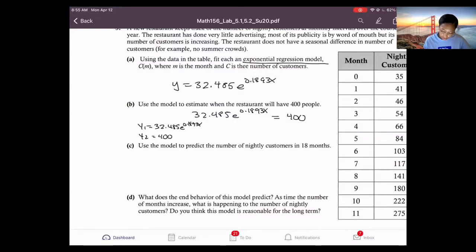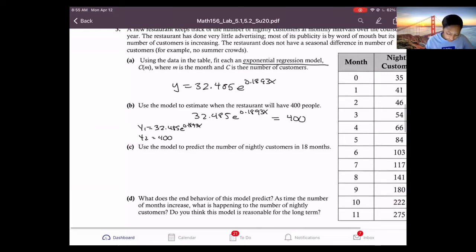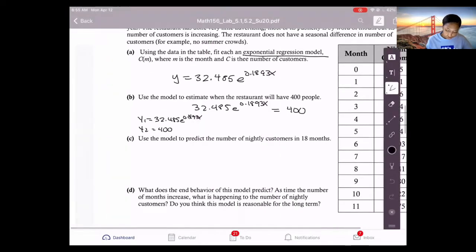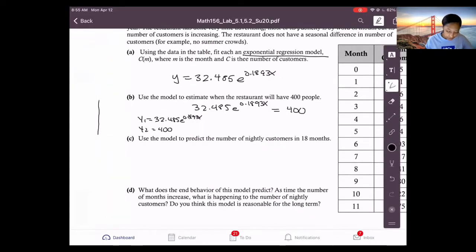Usually when we solve something graphically, we like to sketch our graph. I'll come over to the side and do it here. Move out of the way. All right, so we had, this is X, this is Y. Our graph was an increasing exponential function.